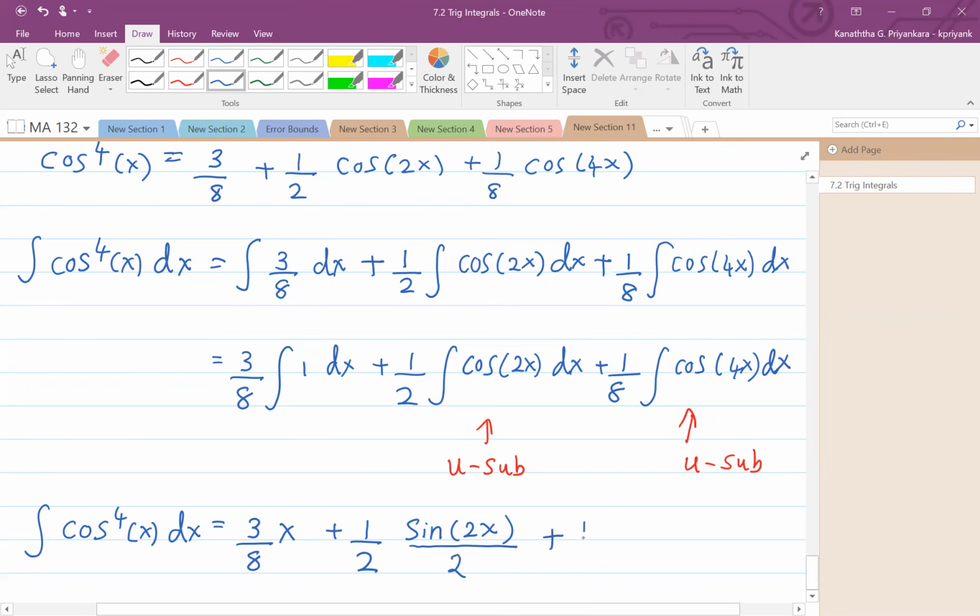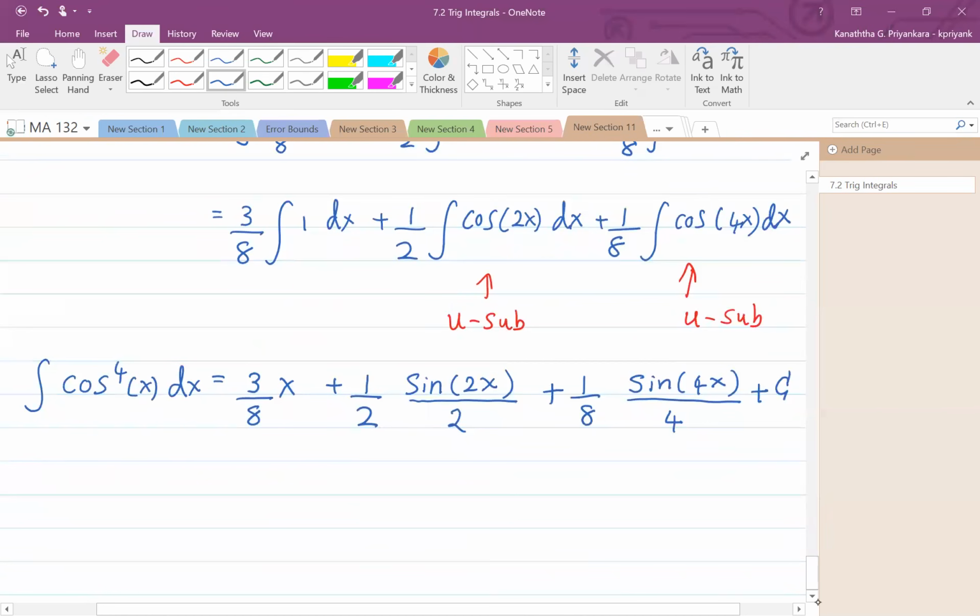Similarly we can use the u sub method. The integral of cosine is sine 4x, divided by the derivative of the inside, 4x. The derivative of 4x is 4, so we have to divide by 4, plus some constant. That's how we directly use substitution.